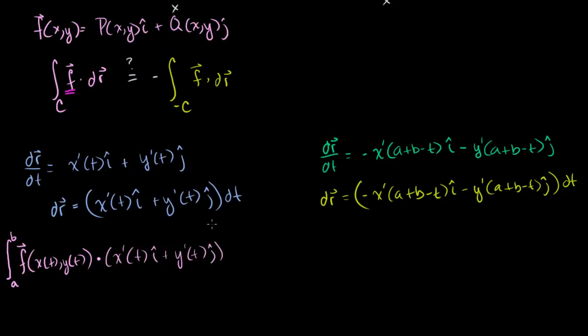And then all of that times the scalar dt. This will be a scalar value, and then we'll have another scalar value dt over there. Now, what is this going to be equal to?